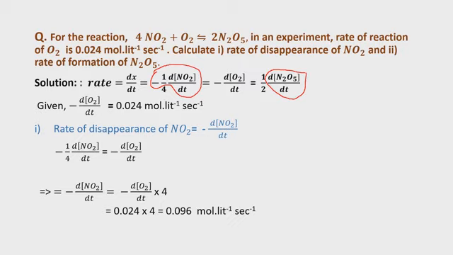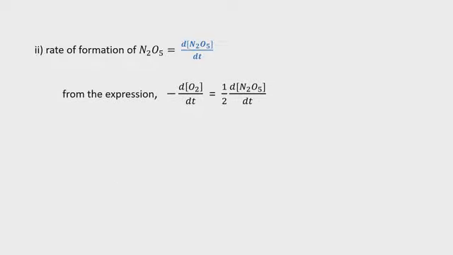Next one, second one. Rate of formation of N2O5 equals d[N2O5]/dt. Here the exact term is very important: rate of formation, rate of disappearance, rate of consumption, rate of appearance. The remaining is very easy, you can solve it from the expression.